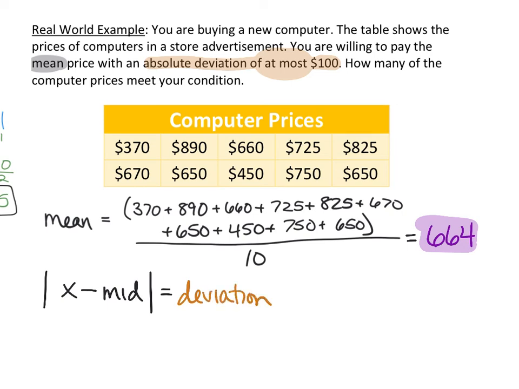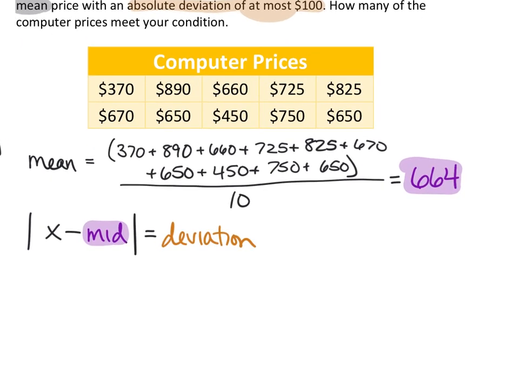Well, we have both the midpoint, because that's the mean, and we have the deviation of $100. So let's write this inequality statement. We would say absolute value of x minus 664 and then something to do with $100.